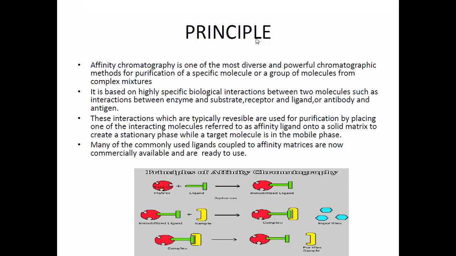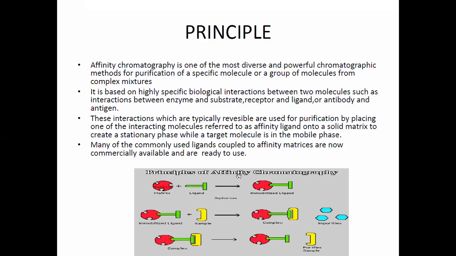Many commonly used ligands coupled to the affinity matrix are commercially available in the market and even ready to use. Different types of materials, the adsorbents or column matrices, solid matrices, are available.